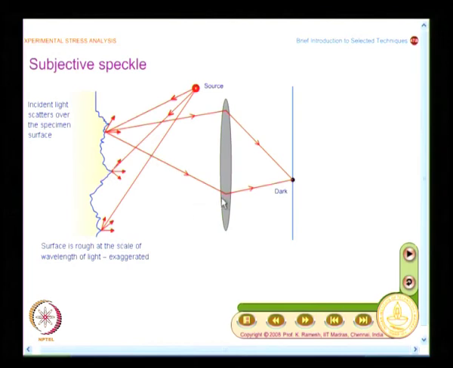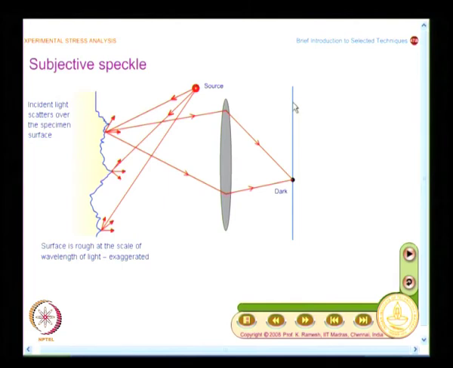Because I have put a lens, this will receive light from a corresponding point on the object, and in this case I have taken that these two rays interfere in a manner that you have a dark point. I would not call it a fringe, I would call it a dark point.